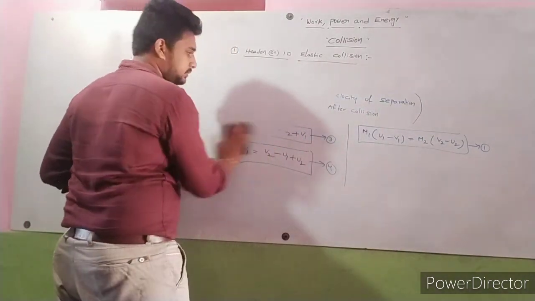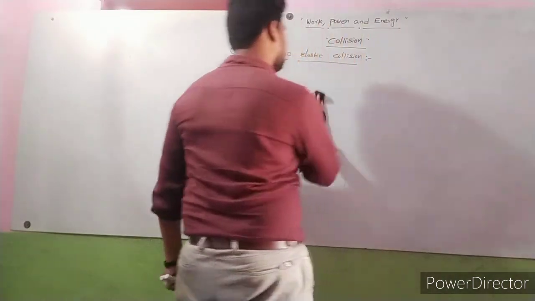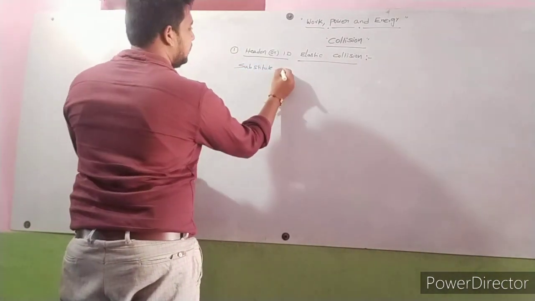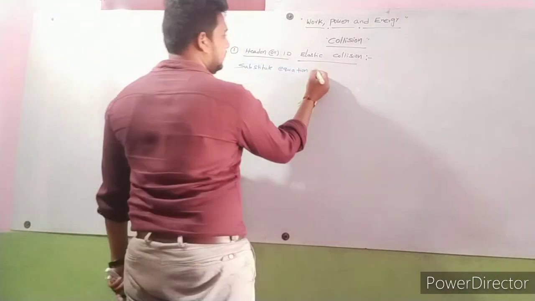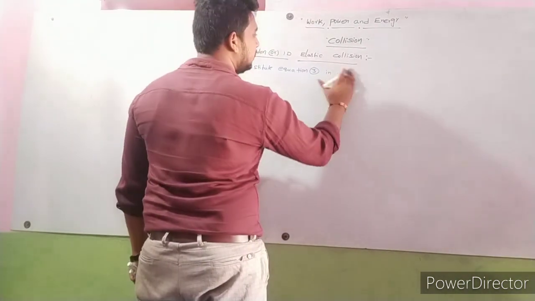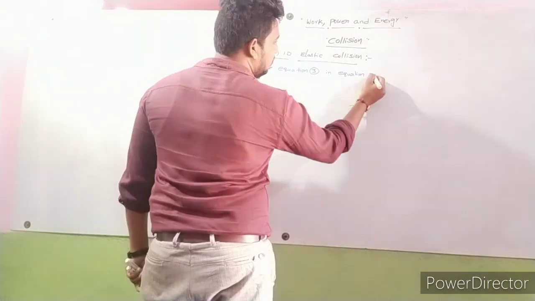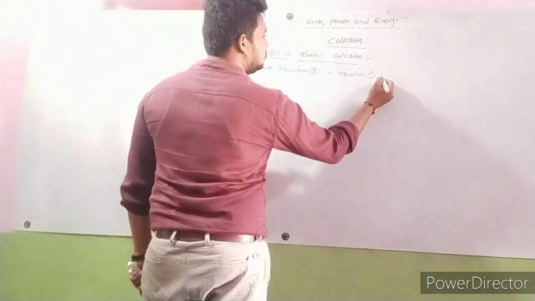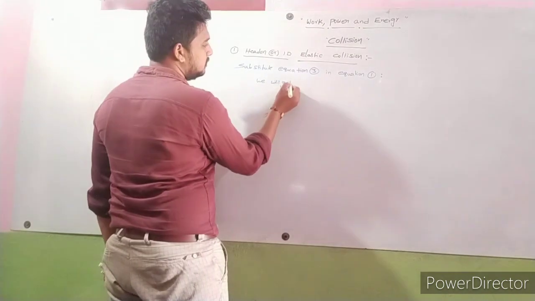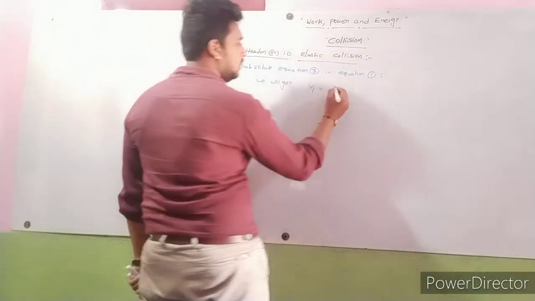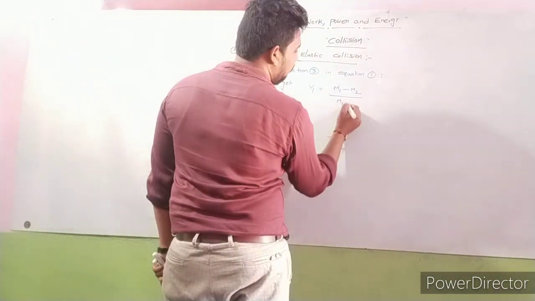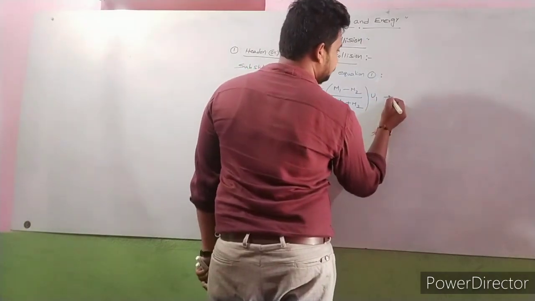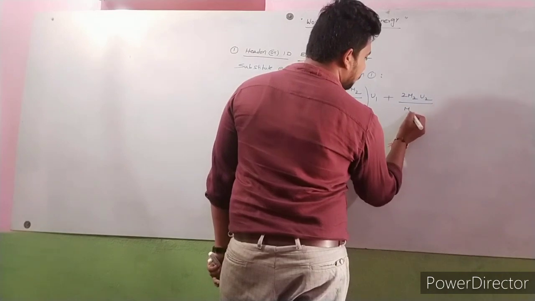Substituting equation 3 in equation 1, we will get v1 is equal to (m1 minus m2) by (m1 plus m2) into u1, plus 2m2 u2 by (m1 plus m2).